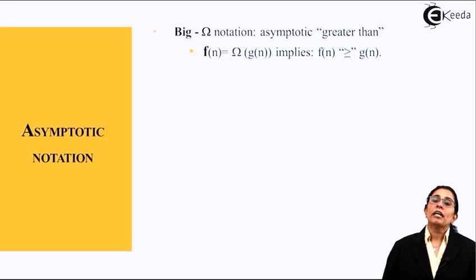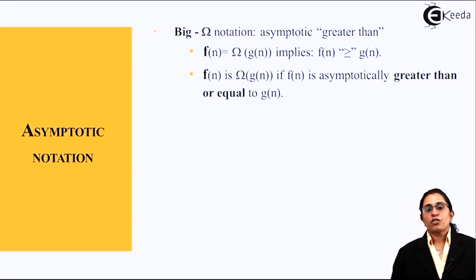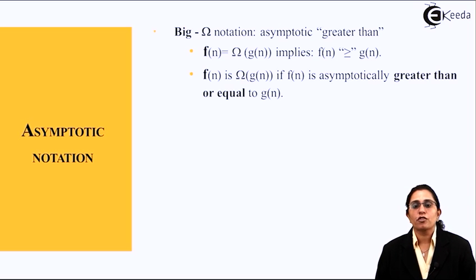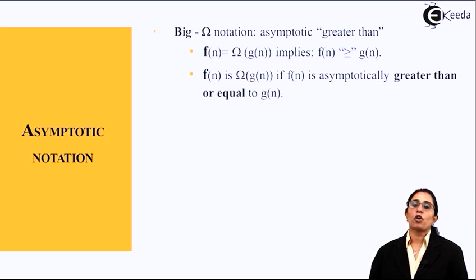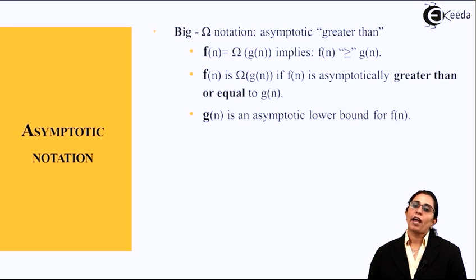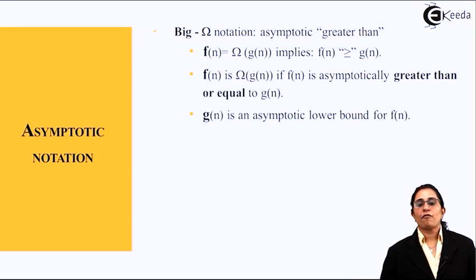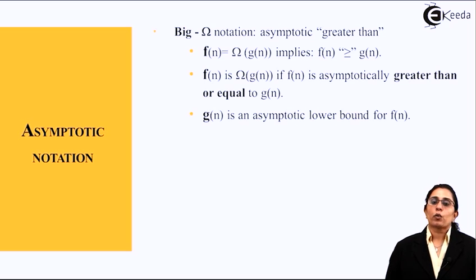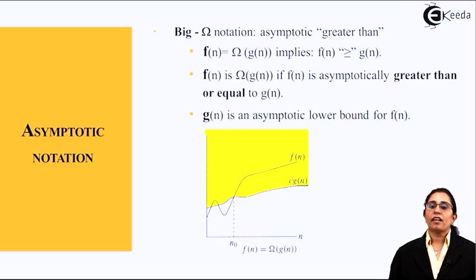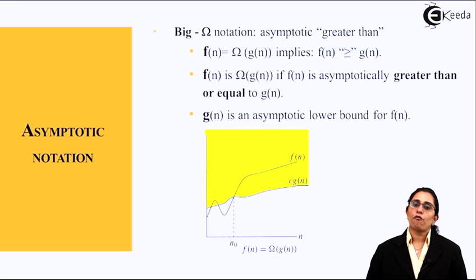It is also represented as function f of n is omega g of n if function f of n is asymptotically greater than or equal to g of n, and g of n is an asymptotic lower bound for f of n. All this is graphically represented, as you can see in the graph, the function f of n is greater than or equal to the growth of a function.